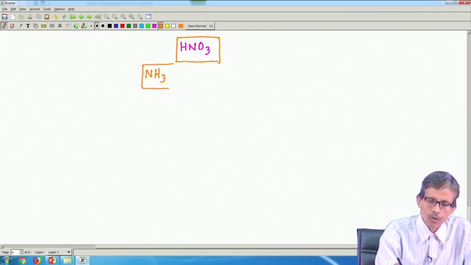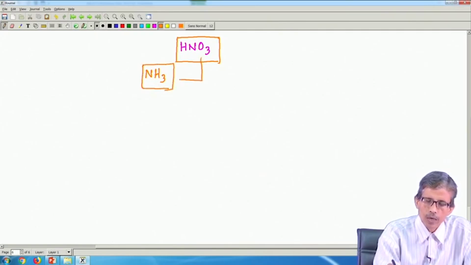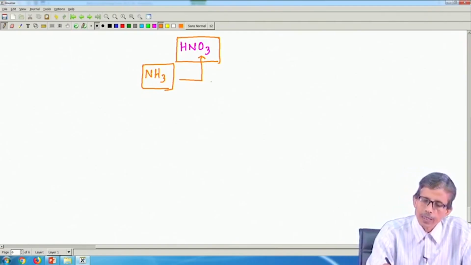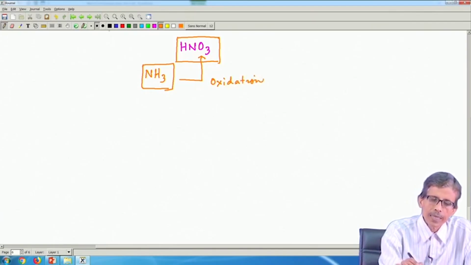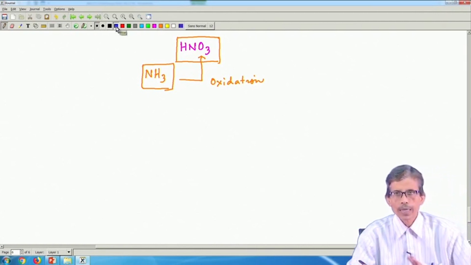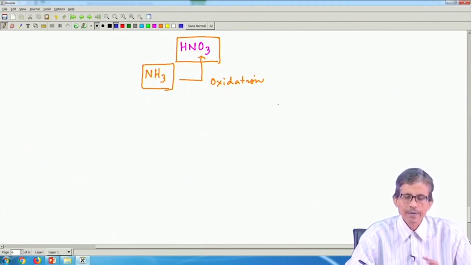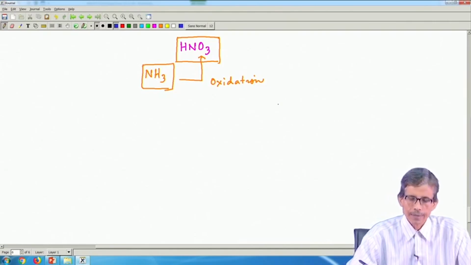How we can convert this ammonia to nitric acid is simply the oxidation, and as we have seen, this oxidation can give us nitric oxide, and if we are able to oxidize this nitric oxide further, we get some other nitrous gases that we will see, and those nitrous gases, if they can trap water molecule, will give nitric acid.